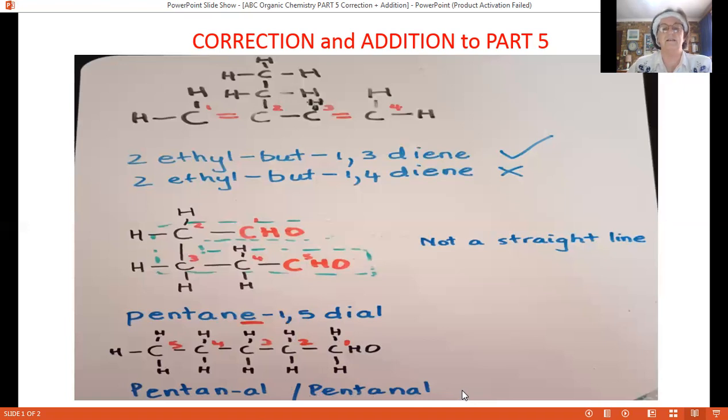Right, so you need to understand that when you've got two functional groups that's not part of a carbon and hydrogen chain, then you do not remove the E. Then it's pentane-1,5-diol. That's just part of the rules of the IUPAC.